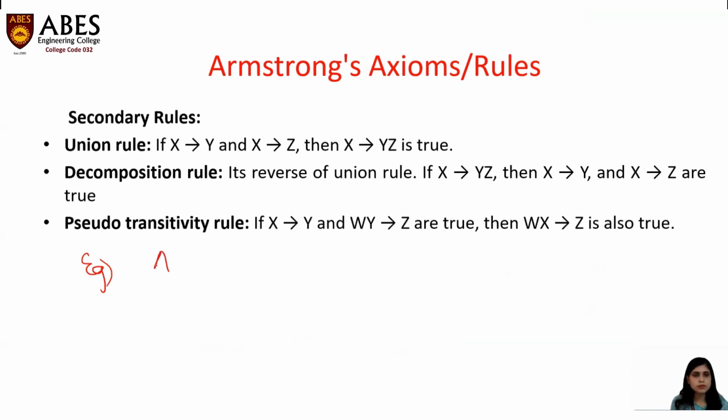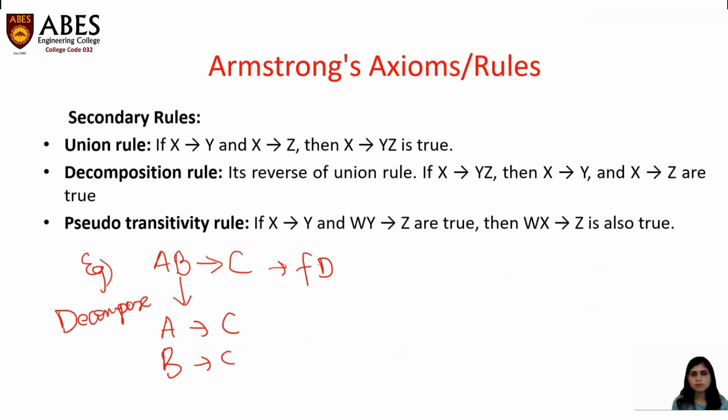Let's consider this example: AB implies C. This functional dependency is given to us, that from AB we can determine C. So can we write it as A implies C and B implies C? Can we decompose it? Is it possible? The answer is no.